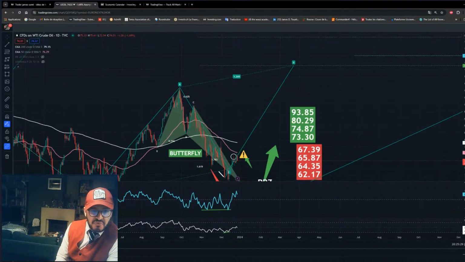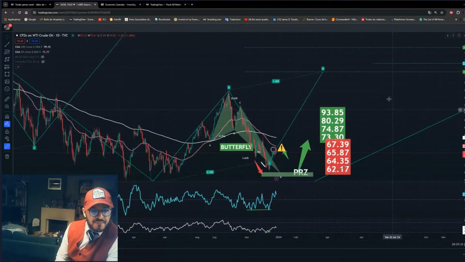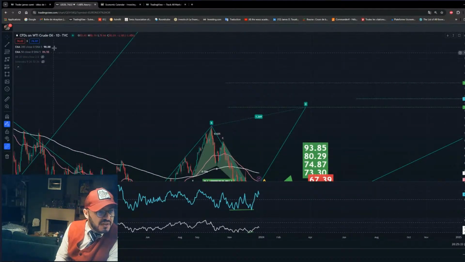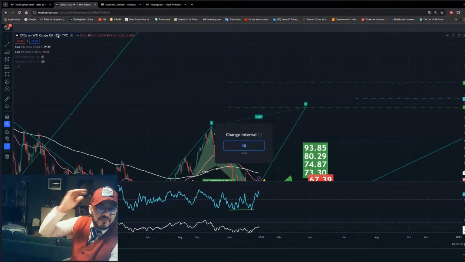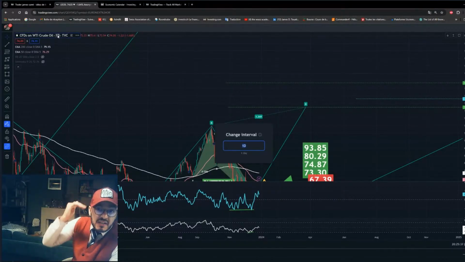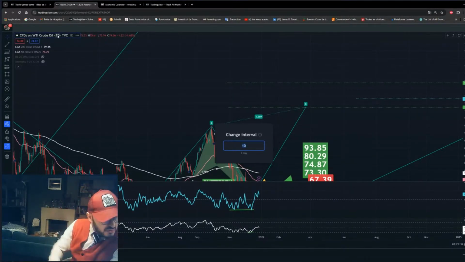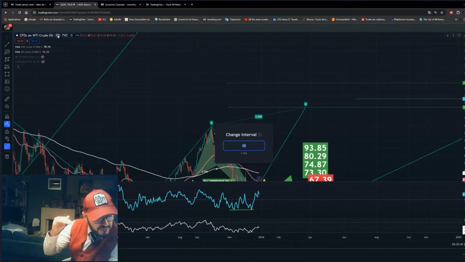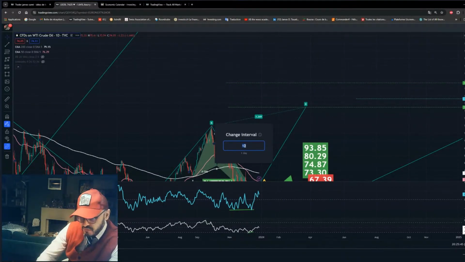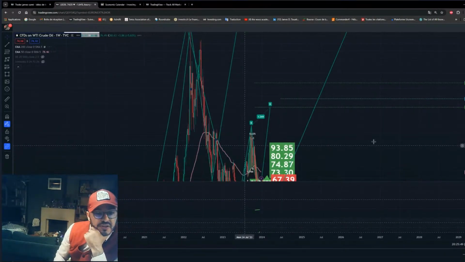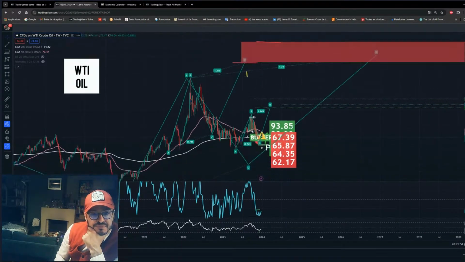So 70% is correct. And here, weekly, it's important to start with weekly or monthly, then weekly, daily, 4 hours, 2 hours, 1 hour. So weekly, we have an ABC pattern also.